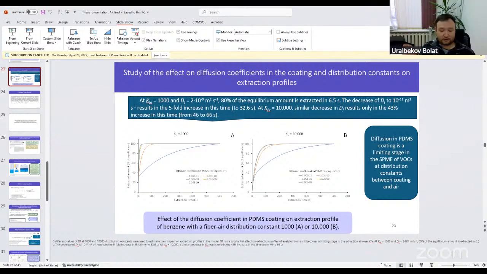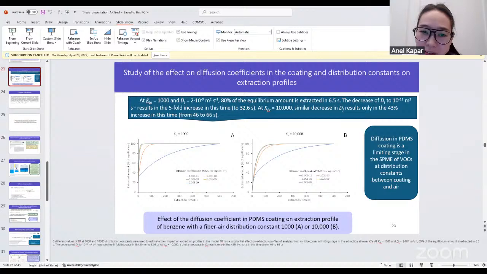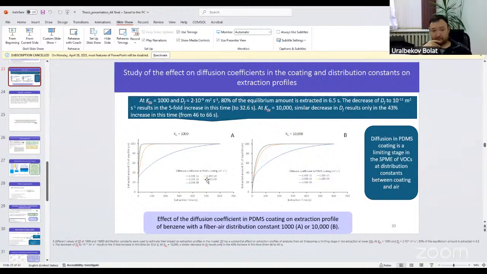При одном и том же коэффициенте диффузии 10 минус 11. Это объясняется так. При коэффициенте распределения 1000 у нас вот при 80% экстракции equilibrium amount is extracted in 6,5 секунды. Так.